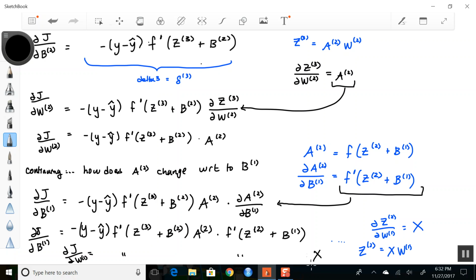So yeah, delta 3 is how the cost changes with respect to the second bias matrix, or second bias vector, I guess.